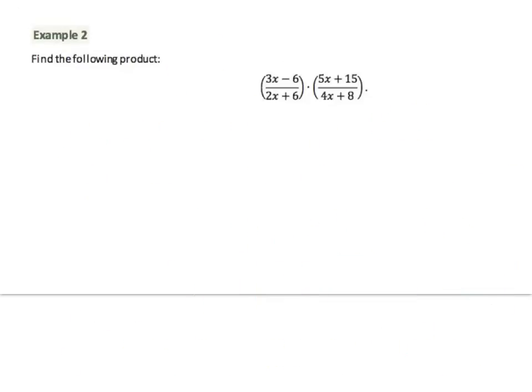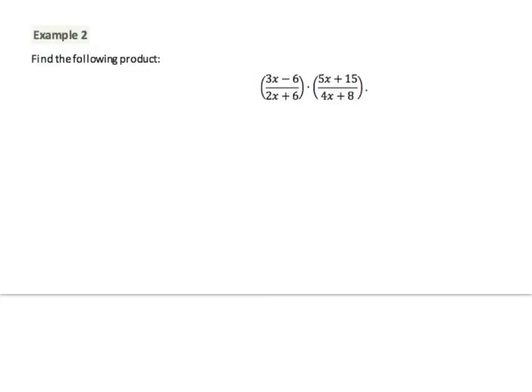Let's try another one. So find the following product. With this case, we'd actually like to factor the numerator and the denominator of everything first. It's just going to make our lives a lot easier, and we can divide out our common factors once we're done factoring.